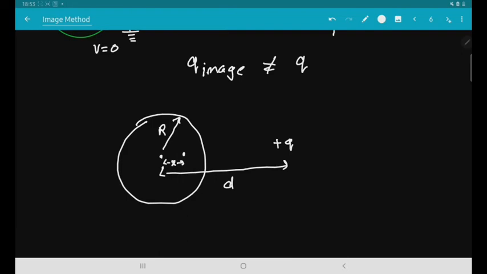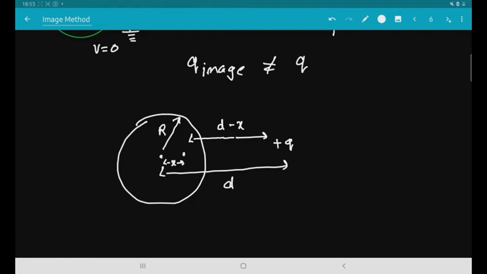So this image charge is at a distance d minus x from the positive charge, and at a distance x from the center.